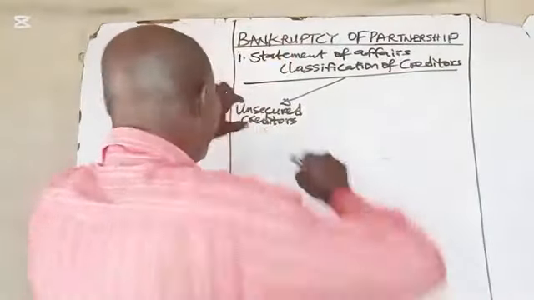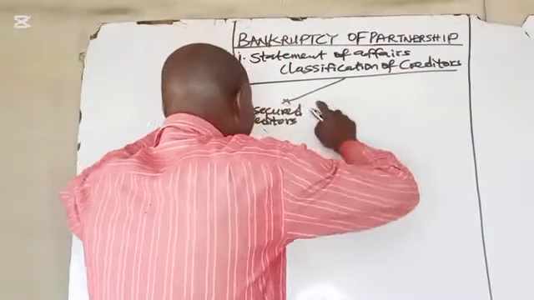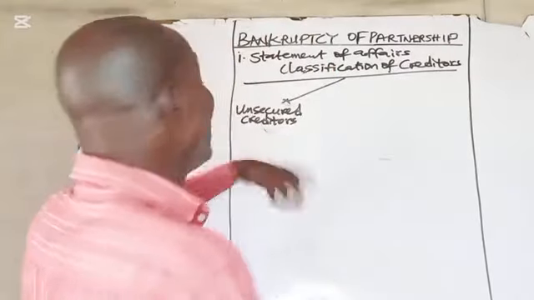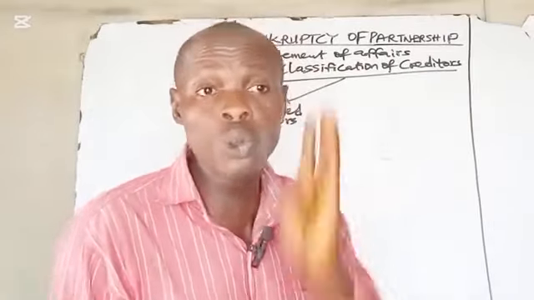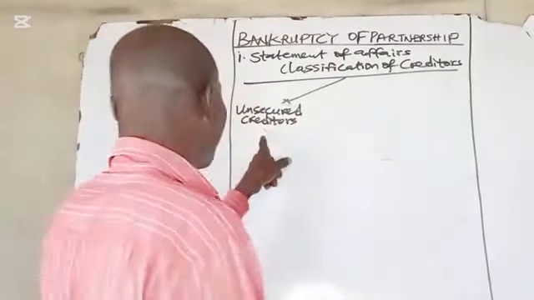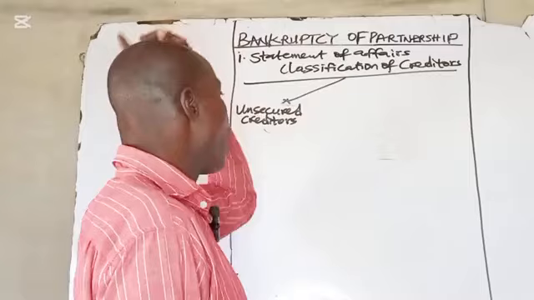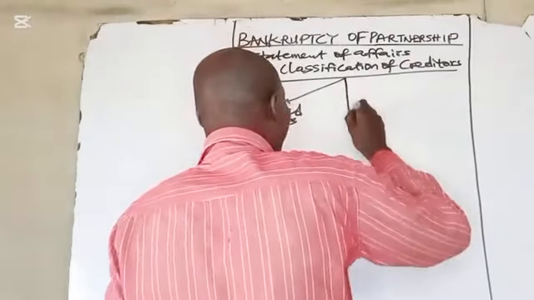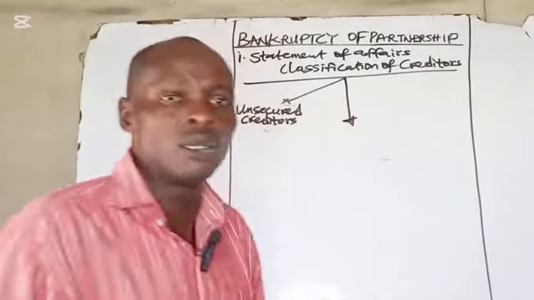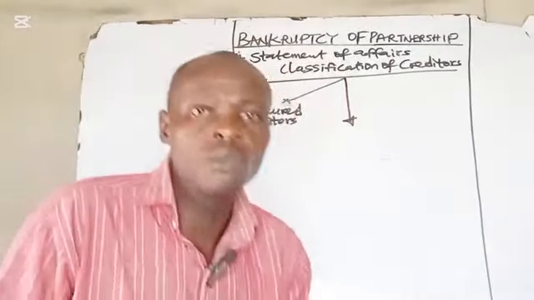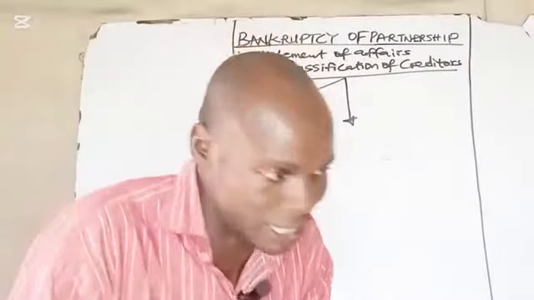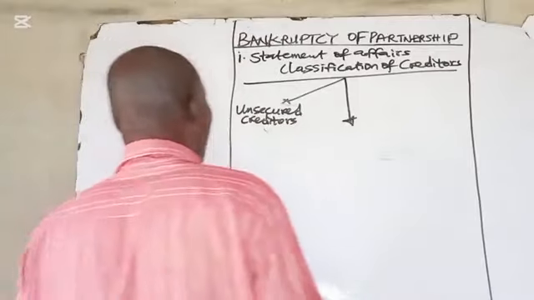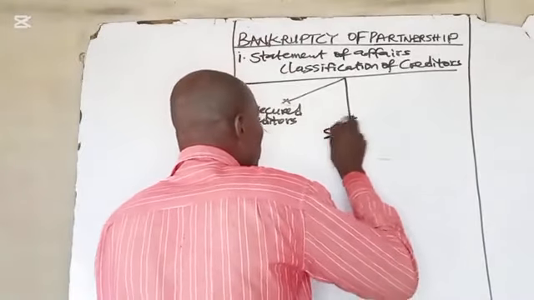When you look at the question, any liability that has no collateral, you classify as unsecured creditors. Then, if they are pledged on a specific asset of the business, we refer to them as secured creditors.